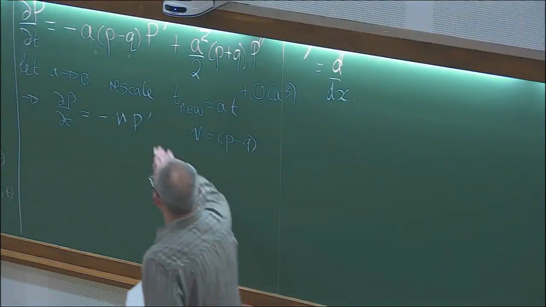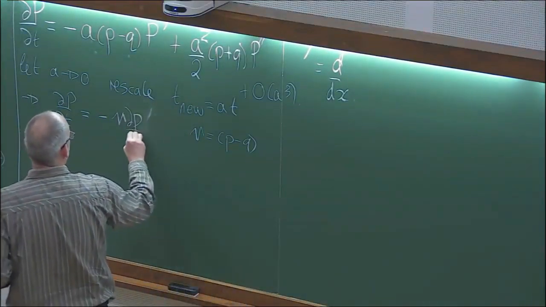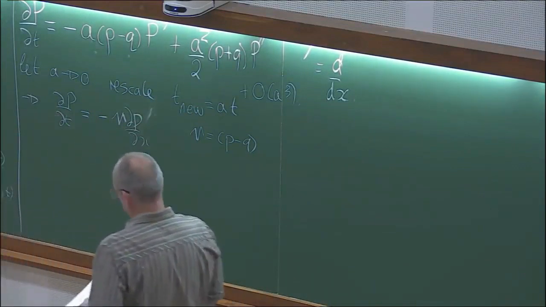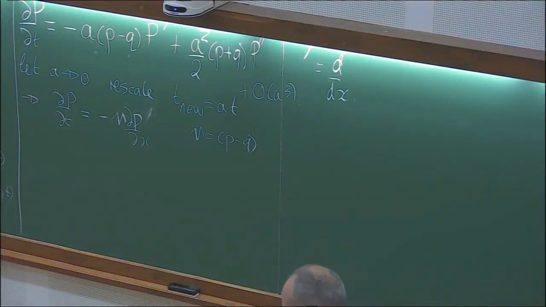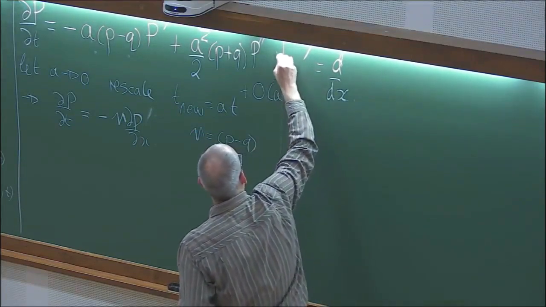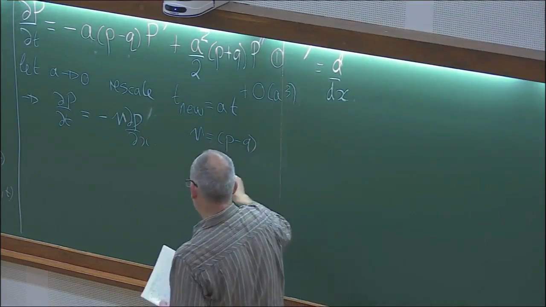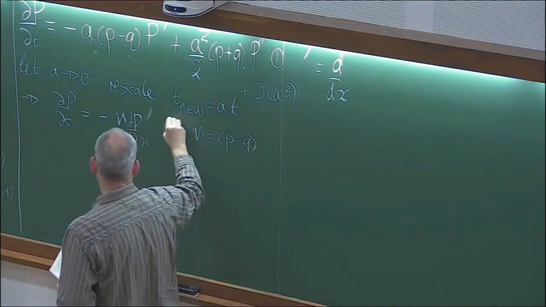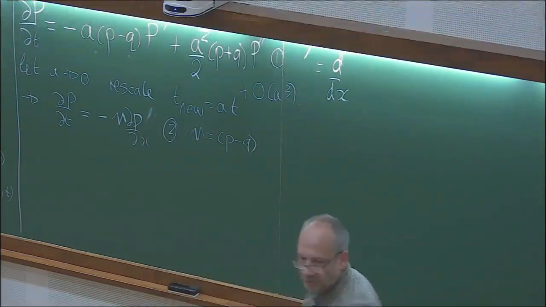Let me just write this out as dp by dx. Actually, I was intending to number equations again, so again, I forgot. So let's call this equation number 1, and this equation number 2. Now, the problem with this is that this is a first-order differential equation. So that's nice, but the solution's actually sort of trivial.